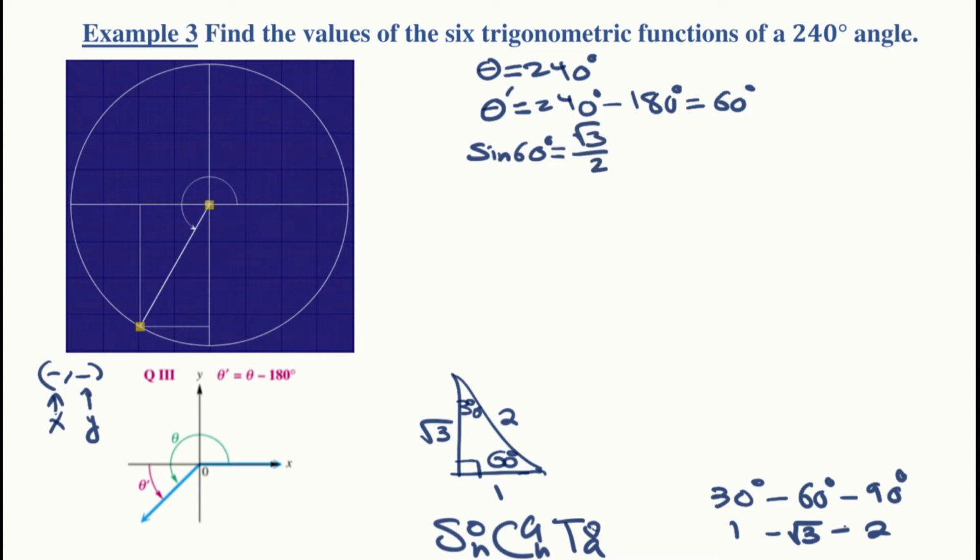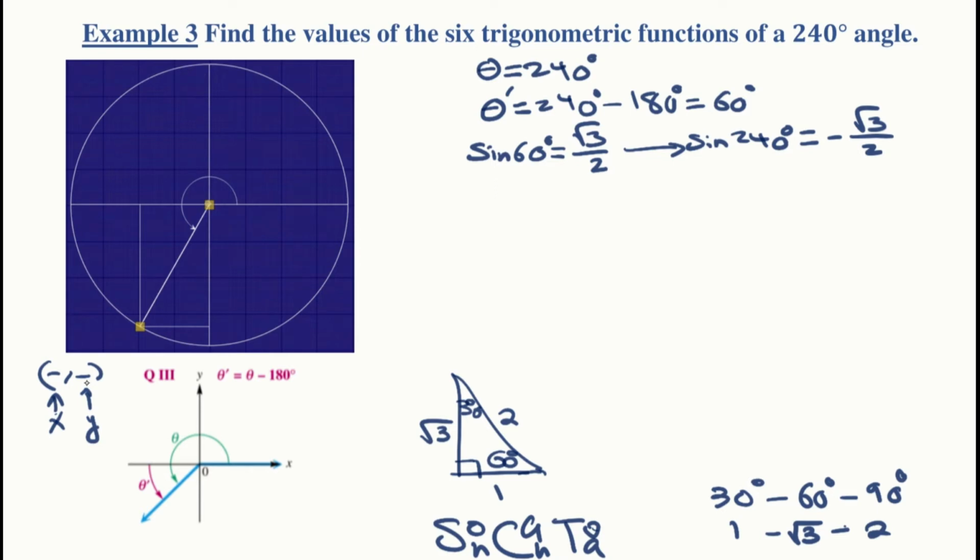Now, this implies the sine of 240 is going to be, since 240 is a third quadrant angle, and the y value is going to be negative, we're going to get negative square root of 3 over 2 for the sine of 240 degrees.